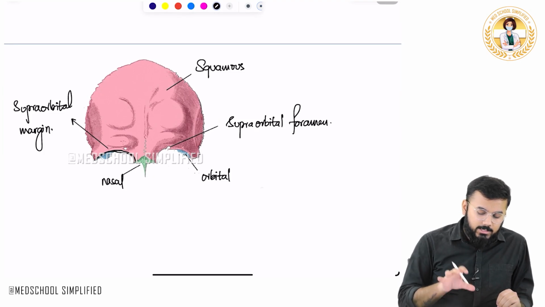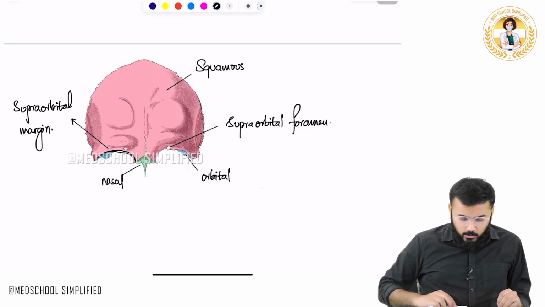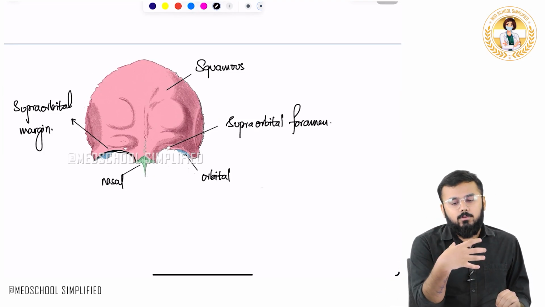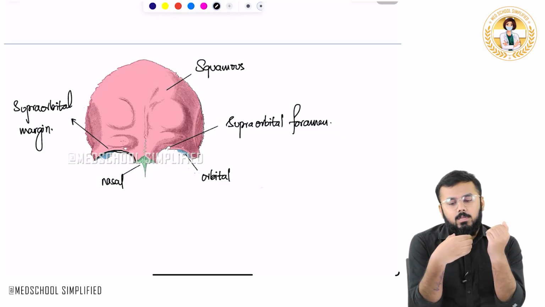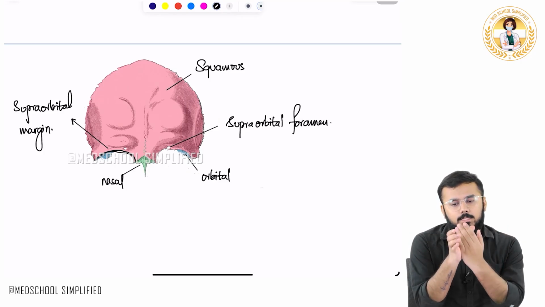What we shall do is turn this bone, okay? So actually this is how the bone is. This is the frontal bone, right? From the front side you can see the convex surface. Now as I am turning it to the back, you can see the concave surface.